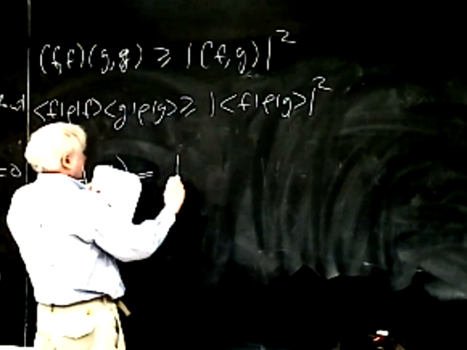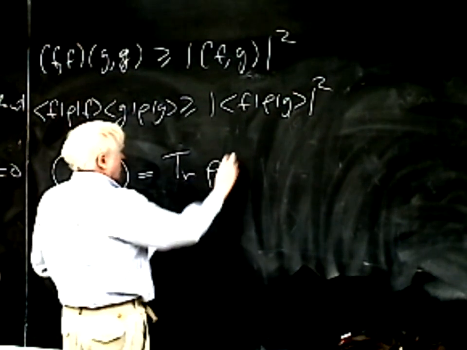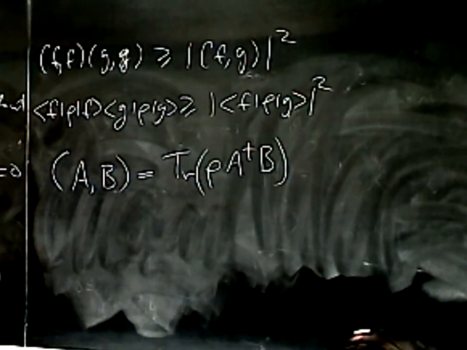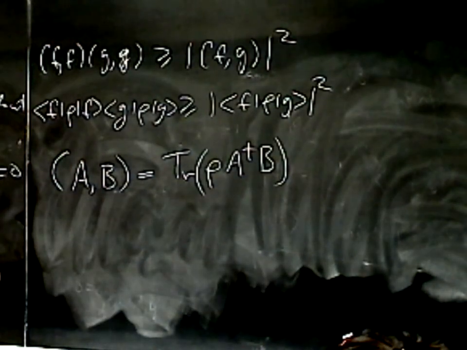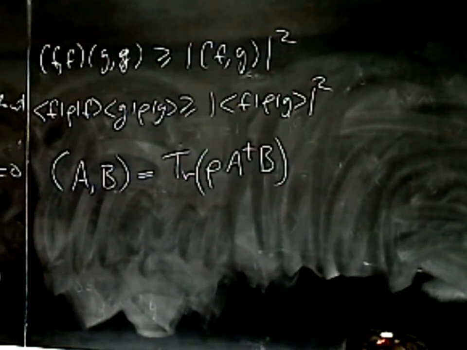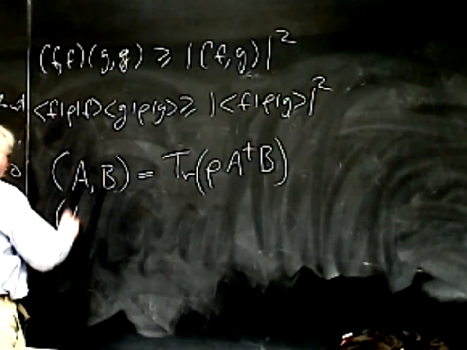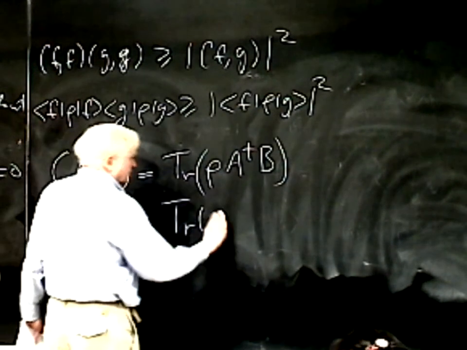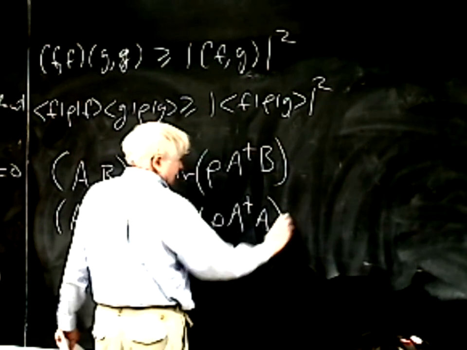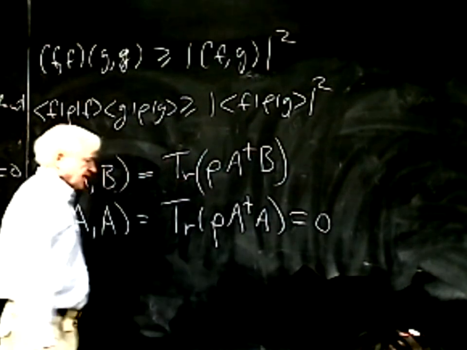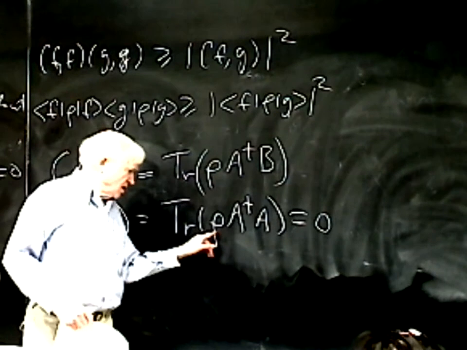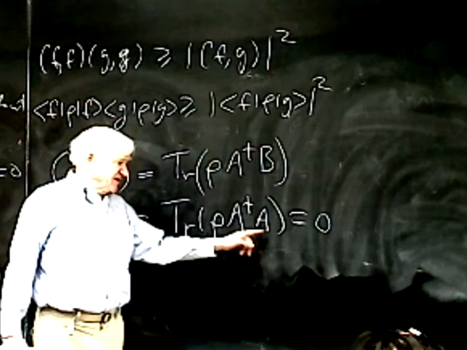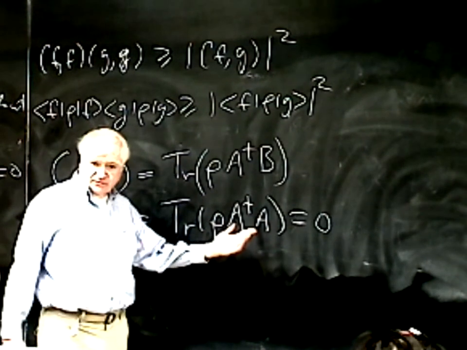This can be written as trace rho A dagger B. We can show that this satisfies the axioms for an inner product, but of course it's always possible that (A, A), which is trace rho A dagger A, could be 0 if rho was the outer product of a vector that the operator A mapped to 0.